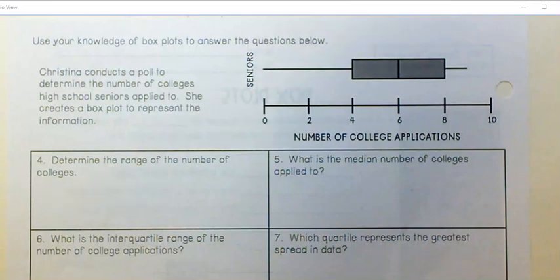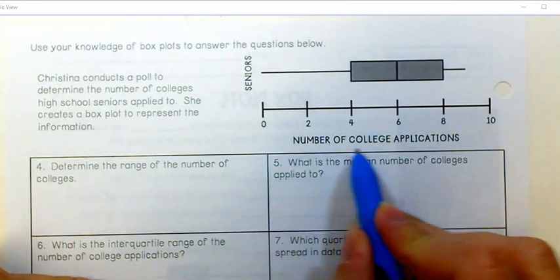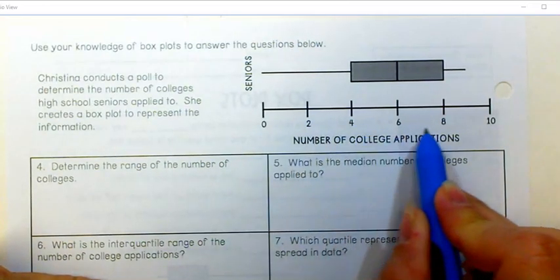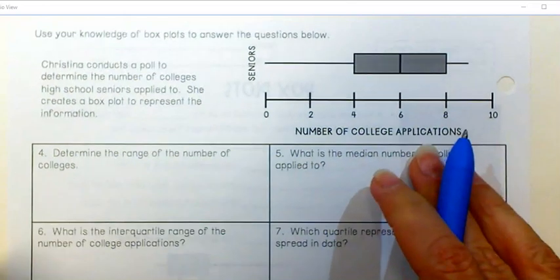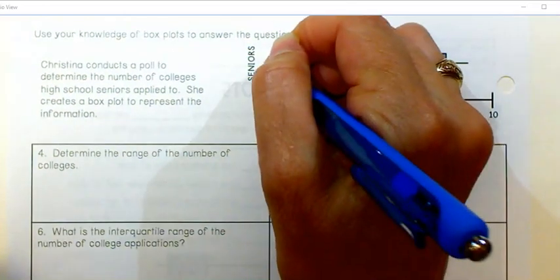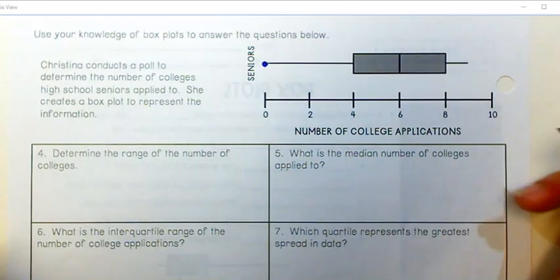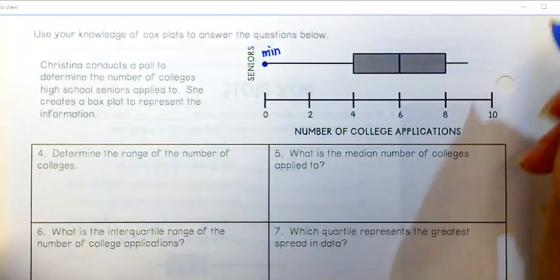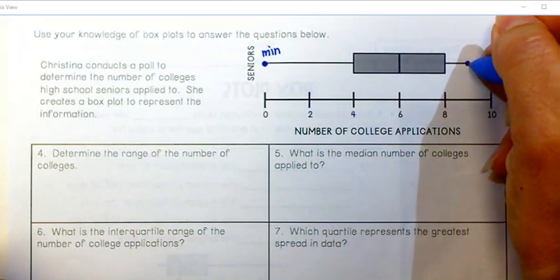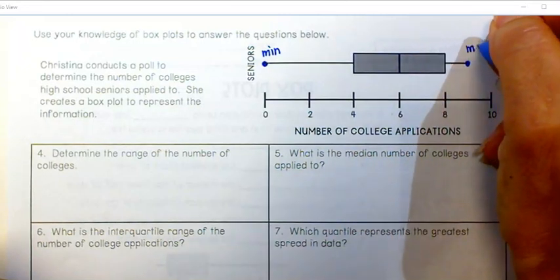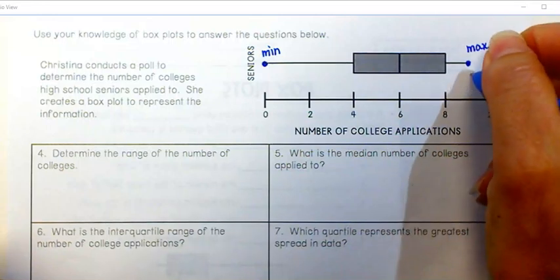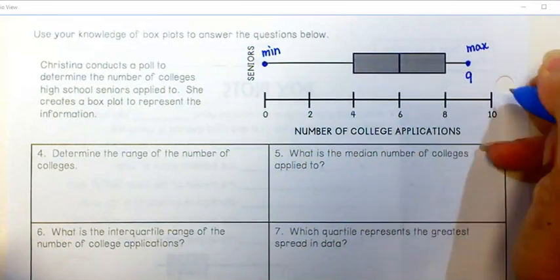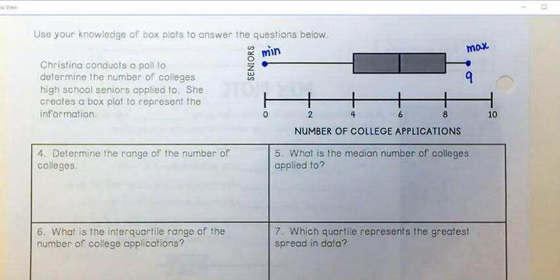Okay, so number of college applications is what the data pieces are. There are some seniors that applied to 0 colleges. So your 0, that's your minimum. Over here is your maximum, and the maximum number that people applied to was 9.